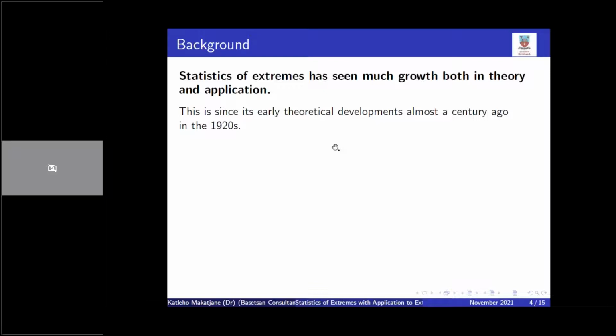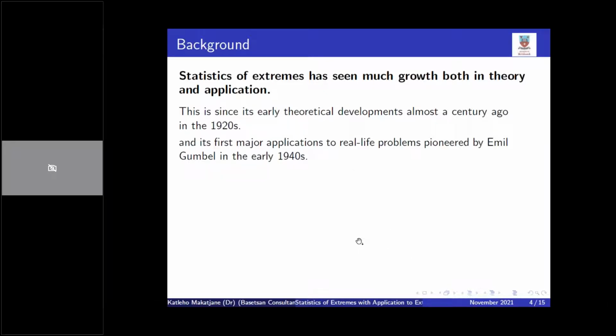So when did extreme value theory start? Its theoretical developments began mostly in the century before 1920, and its first major applications to real-life problems were pioneered in the early 1940s by a person called Gumbel.